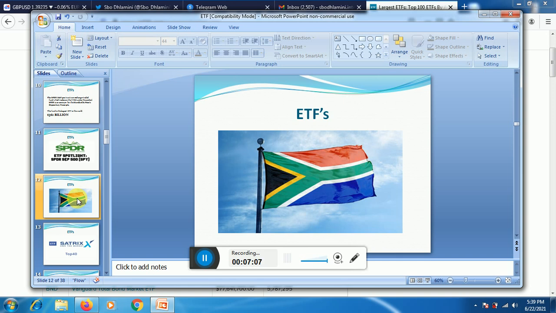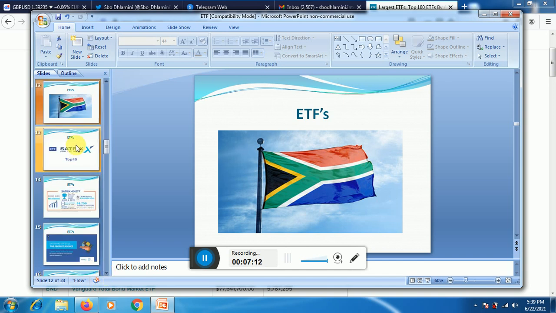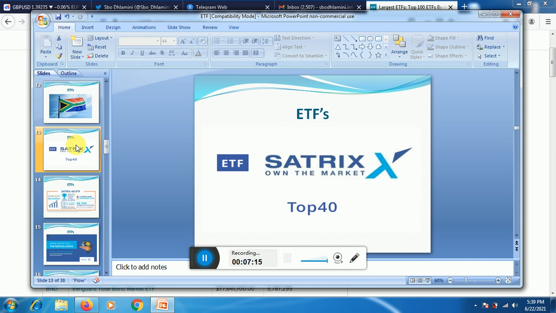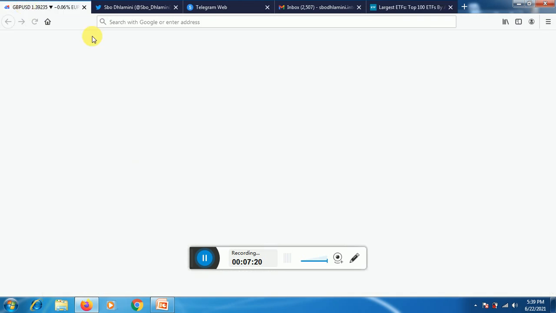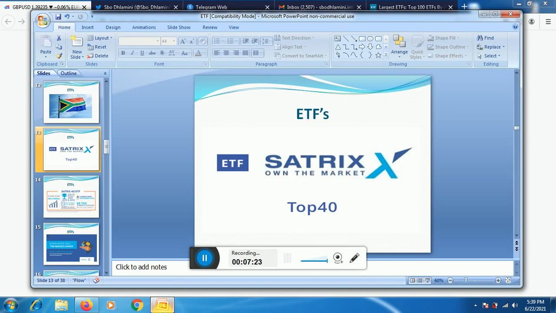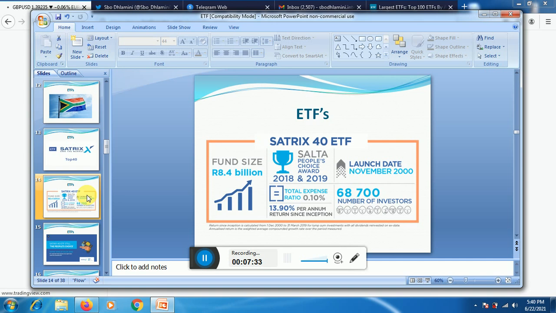Here in South Africa, our biggest one, which is mainly known, is the Satrix 40. The Satrix 40 tracks the JSE Top 40 index, the 40 largest companies. By definition, Satrix has a fund size of 8.4 billion rand, and it was launched in November of the year 2000.